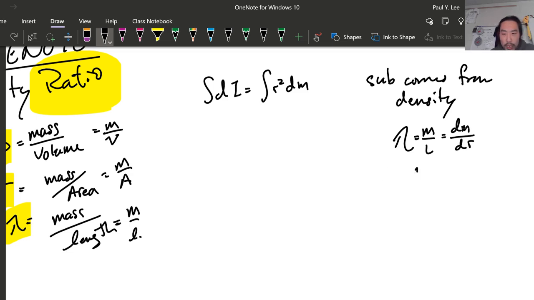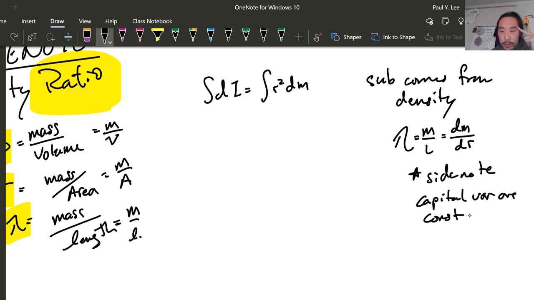So a little side note: for Mr. Lee's class and a lot of physics, capital variables are constants. Okay, so you'll see here that I use the capital letter L, and that's to represent the physical length of the rod, which is a constant. Like the length of the rod's not changing, and this M here would be a capital M, and the capital M is the actual mass of that rod.